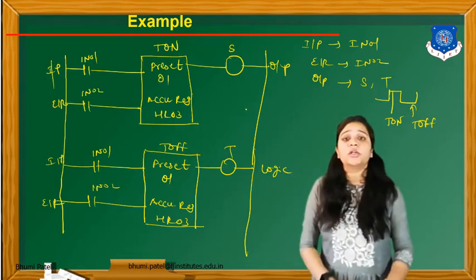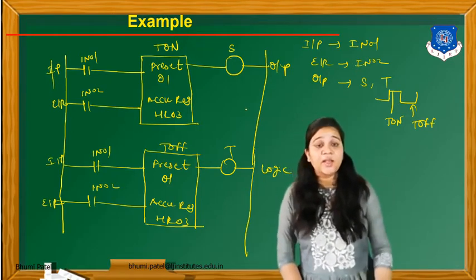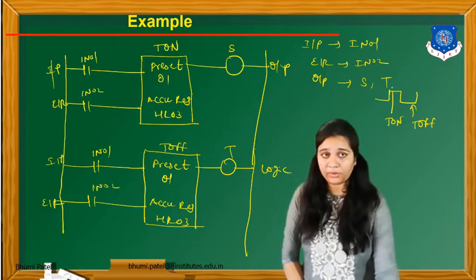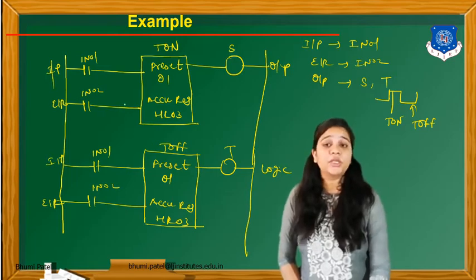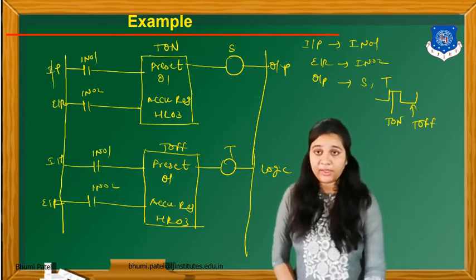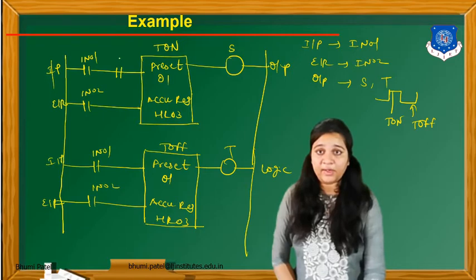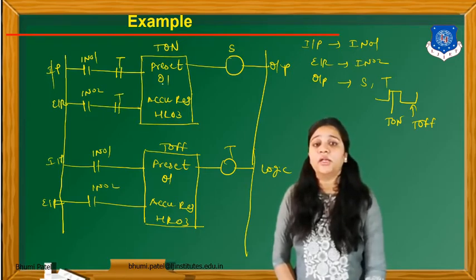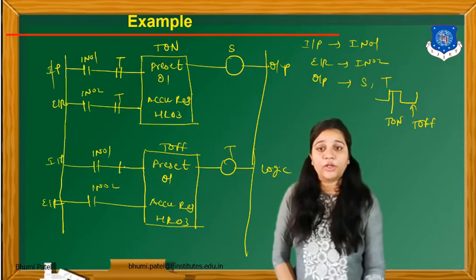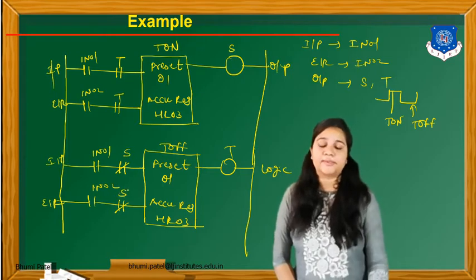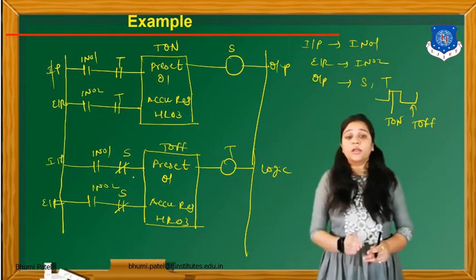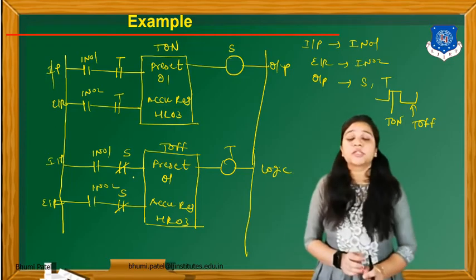Now the must condition of the square wave is that whenever it is in T on mode, T off must be off. So we can use the interlocking process here. Whenever the logic is true, we get the T on timer, and for T off we connect a normally closed contact and write S. This is the extra logic for the square wave.